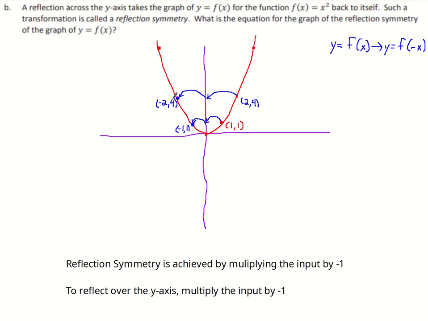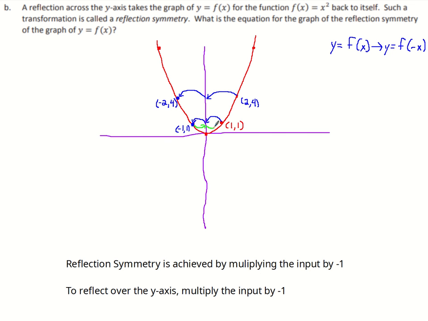So if I want to reflect over this y-axis, it's going to take my input here and multiply it by -1. 2, multiply that by -1 gives me -2. 1, my input, multiply that by -1, I'm getting -1. We can even do this in the reverse as well. If I started with my -1 point, to get to that y-axis, it's going to take 1.